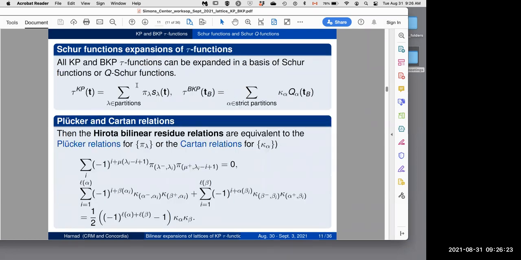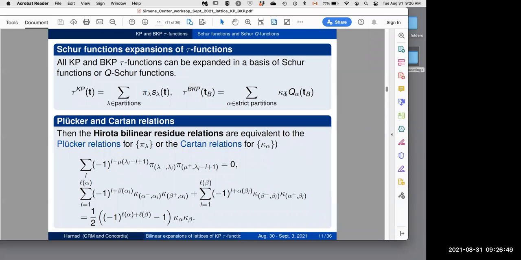And the main thing is that these are the building blocks from which all KP and BKP tau functions are formed as linear combinations. At least formally, every KP tau function is a linear combination of Schur functions with coefficients pi lambda that satisfy the Plücker relations. These pi lambdas should be interpreted as Plücker coordinates of some element of an infinite Grassmannian.